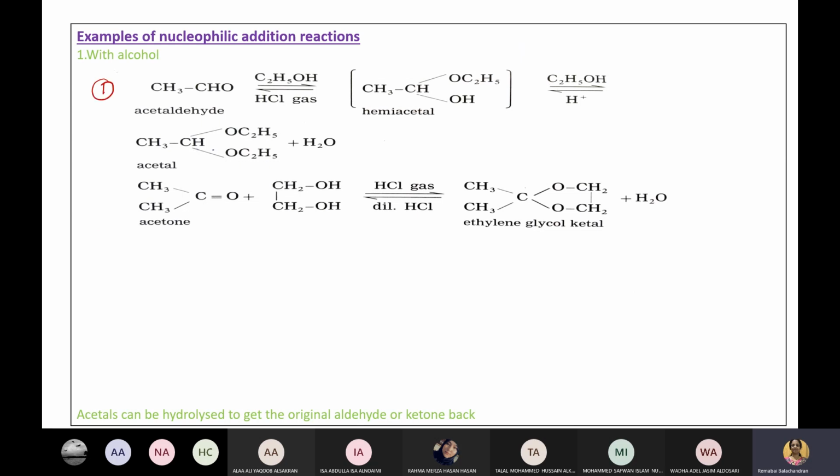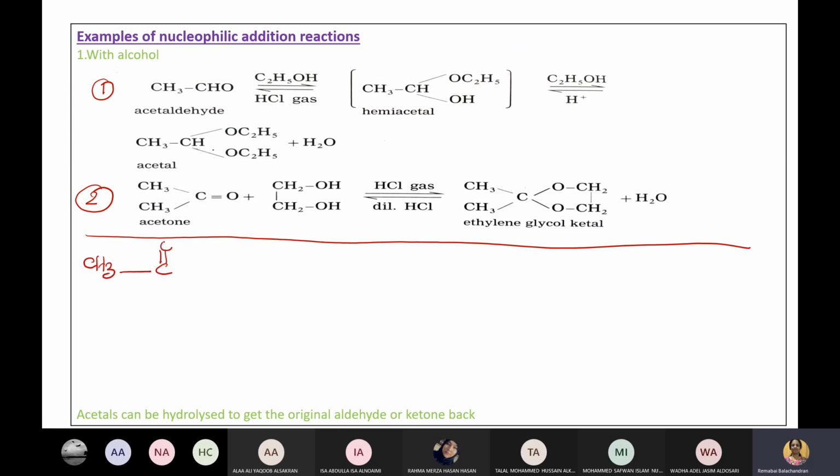Can you see there are two equations given? I'm going to write those two equations again to make you understand. These are the same two reactions. In a nucleophilic addition reaction, there is a hint. Always write like this: CH3 C double bond O H plus, you are adding an alcohol, HOC2H5.